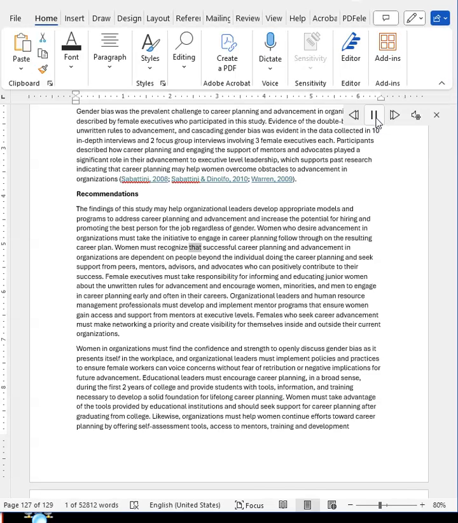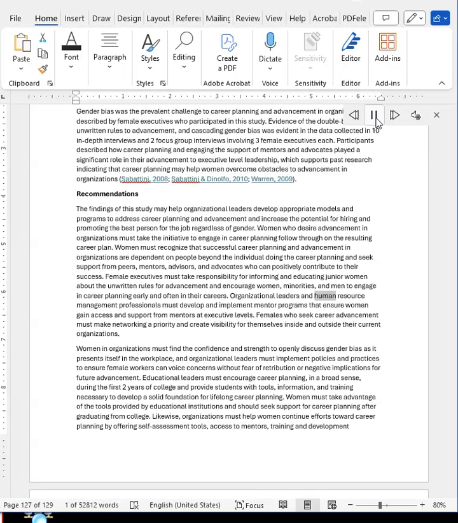Women must recognize that successful career planning and advancement in organizations are dependent on people beyond the individual doing the career planning, and seek support from peers, mentors, advisors, and advocates who can positively contribute to their success. Female executives must take responsibility for informing and educating junior women about the unwritten rules for advancement and encourage women, minorities, and men to engage in career planning early and often in their careers.